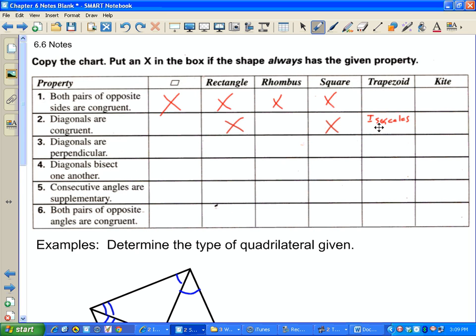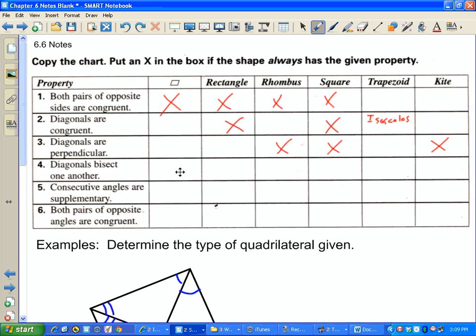If it's isosceles, yes, then it's always true. Kite, no. Diagonals that are perpendicular. Parallelogram, no, not always. Rectangle, no, not always. Rhombus, yes, always. Square, yes, because a square is a rhombus. Trapezoid, no. Kite, yes, always has perpendicular diagonals.